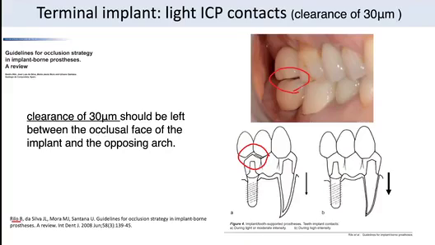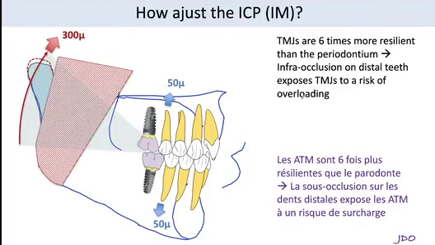You can write in a scientific paper that you have to maintain a clearance of 30 microns, but the reality of the clinic is to put an infraocclusion of 1 millimeter or 2 millimeters. So what has happened for this case?